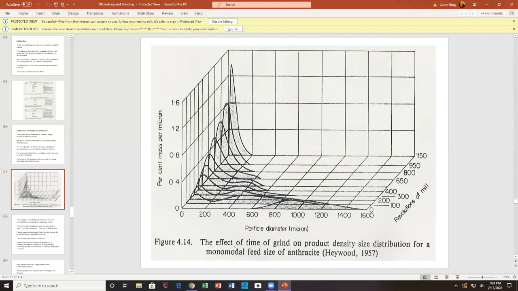Okay. Effective grind time on grind product density for a nominal monofeed size calcite. Well, the time has been mislabeled here. It's actually the number of revolutions, right? The number of revolutions is important.